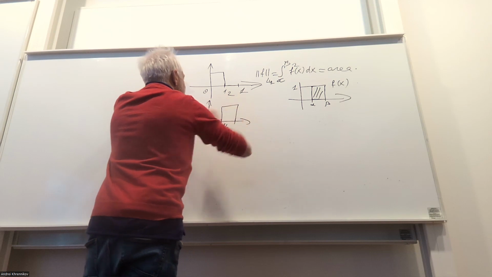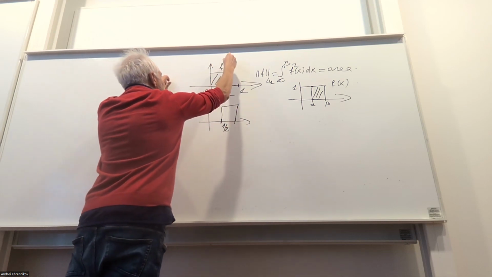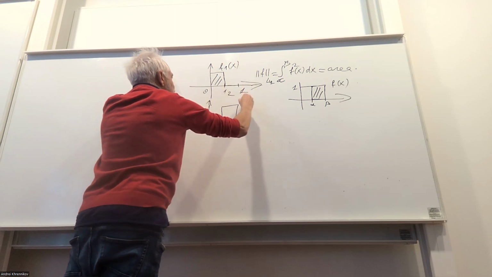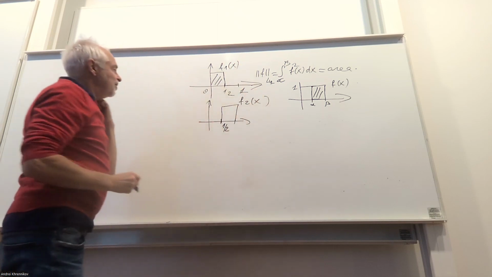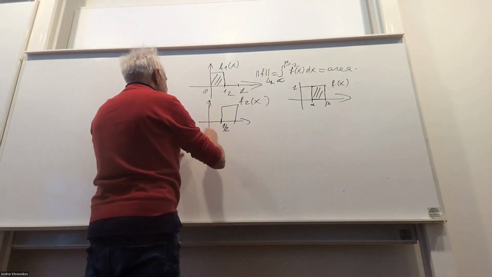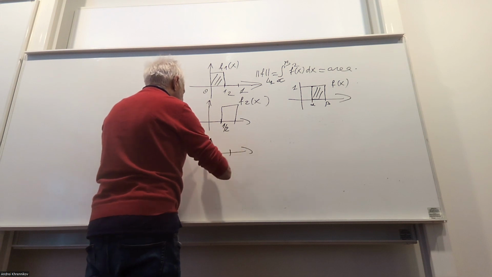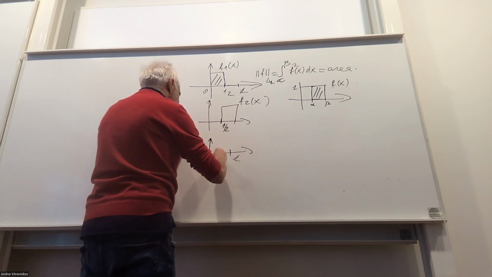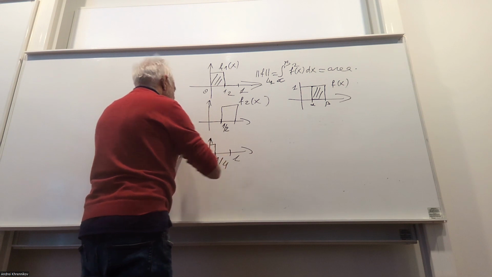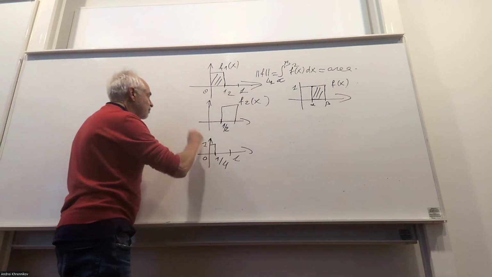So consider this one. This is the first function. This is f2x. Then the next step, I divide this by 4. So this is 1, 4. And this function is also 1.